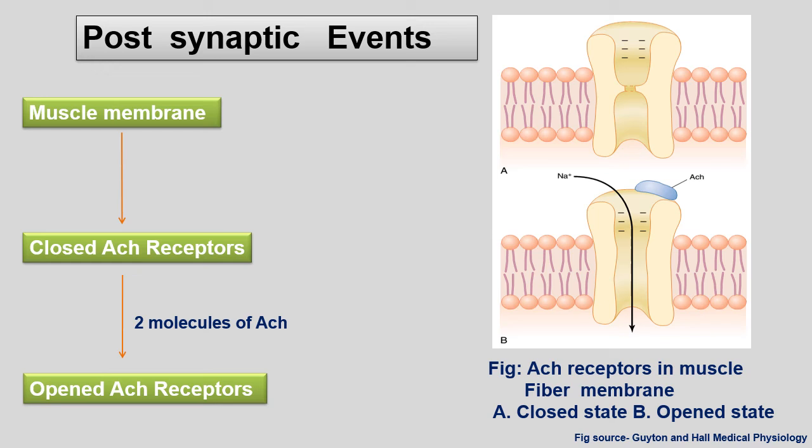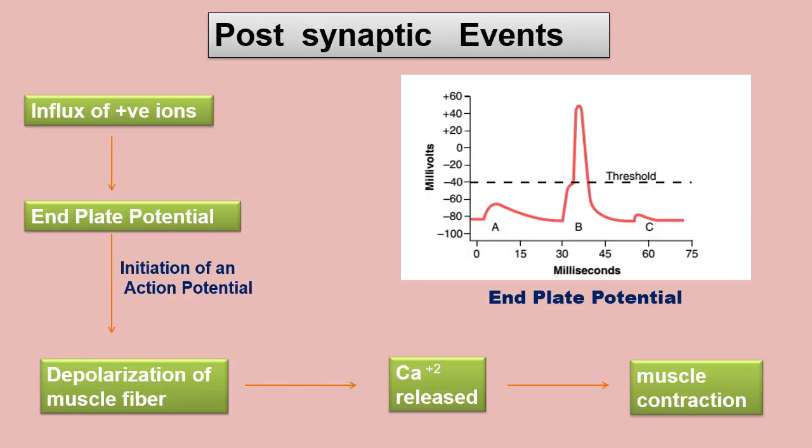This attachment causes a conformational change that opens the acetylcholine channel. The opening of the acetylcholine channel in turn allows important positive ions such as sodium, potassium, calcium, etc. to move easily through the opening to the inside of the muscle fiber. This action creates a local positive potential change inside the muscle fiber membrane called the end plate potential.